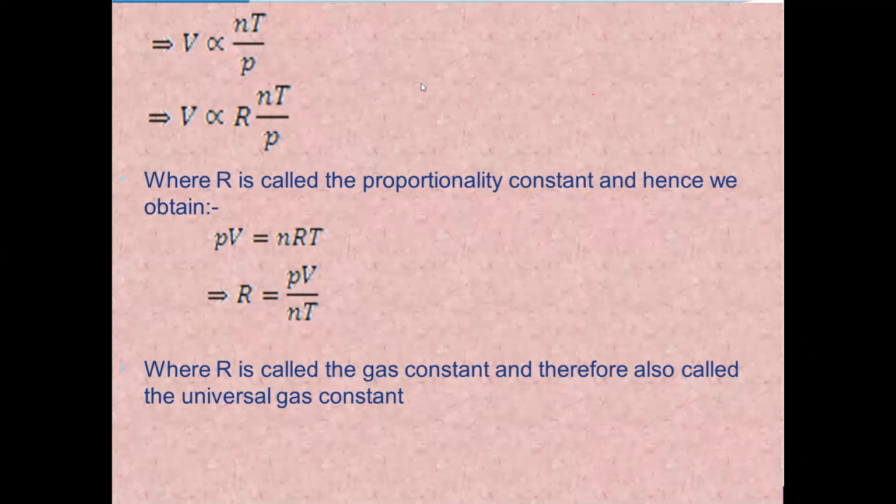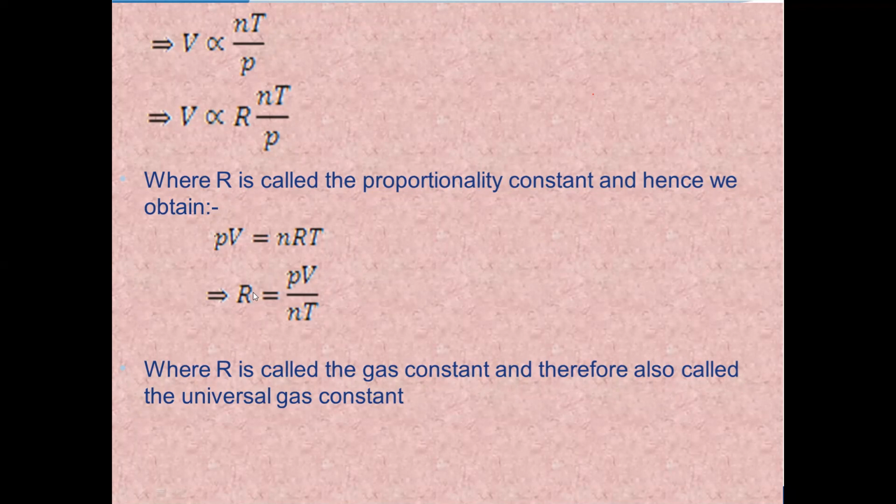Now V is proportional to n into T upon P. So here we will remove this proportionality sign. Instead of the proportionality sign, here it will be V is equal to R n T upon P. So R is called the proportionality constant, and on rearranging we will get PV is equal to nRT.